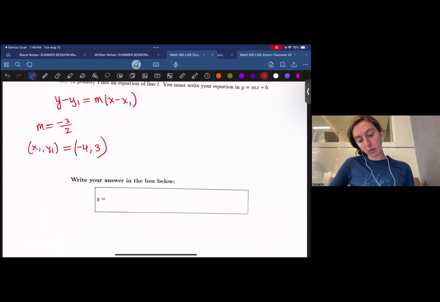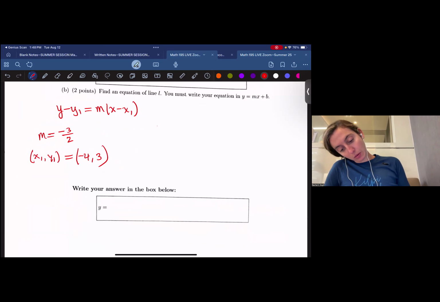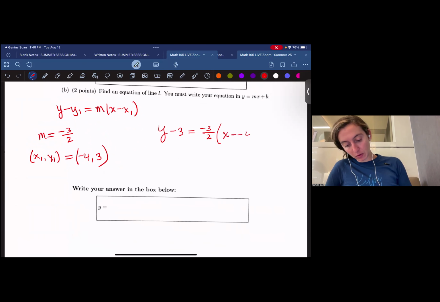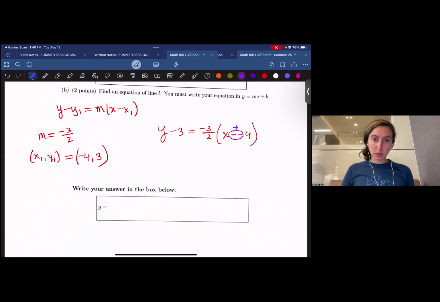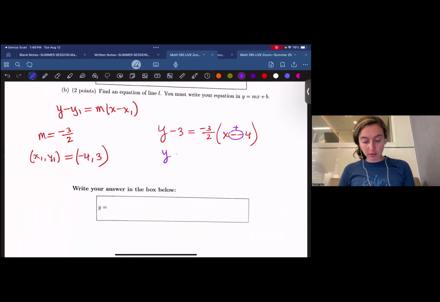So I'll zoom in a bit more. We get y minus 3 is equal to -3/2 times (x minus -4), which is the same as (x plus 4). Now we just want to simplify.